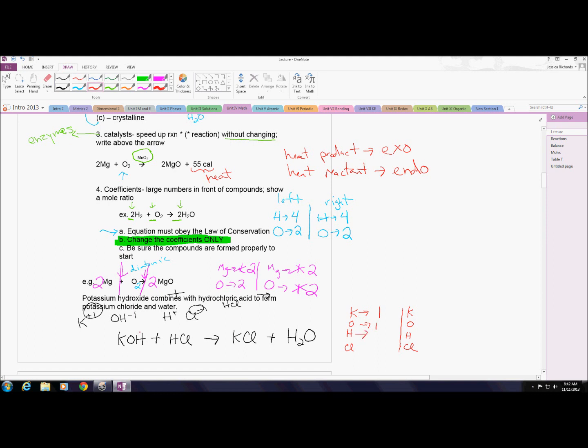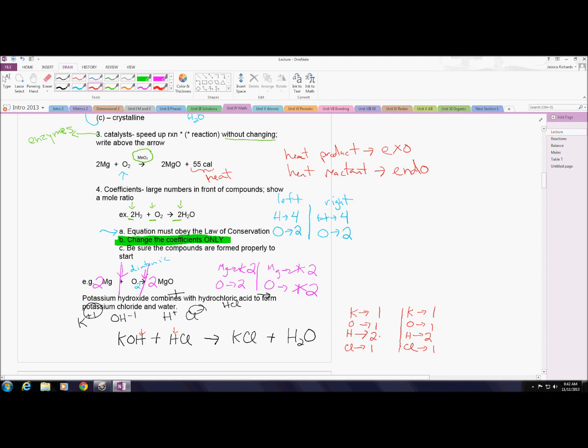Now the hydrogens become tricky because they're in two different compounds over here. So I actually have two pieces of hydrogen and one piece of chlorine. On the right hand side, one piece of potassium, one piece of oxygen, two hydrogens, and one chlorine.